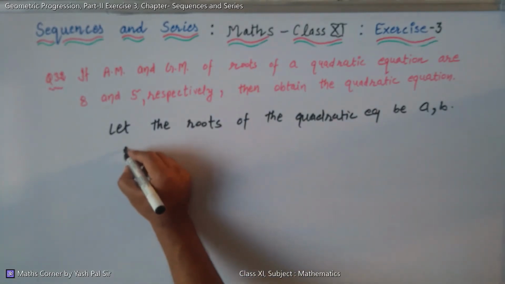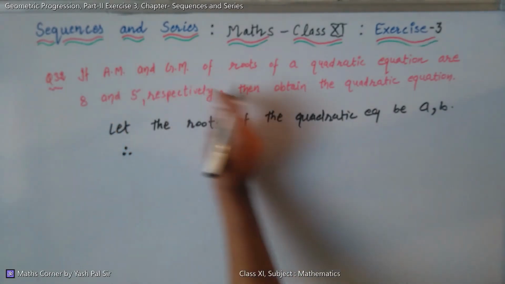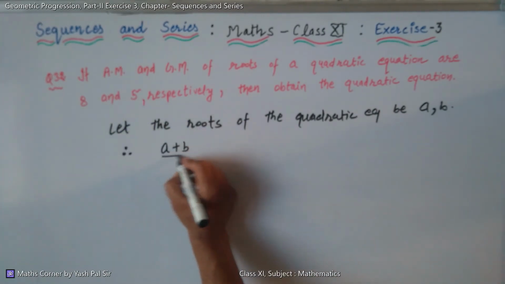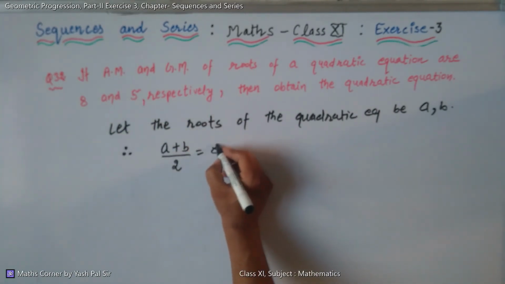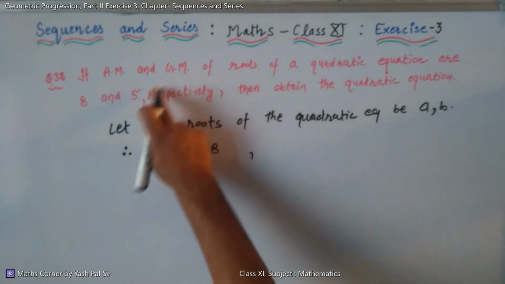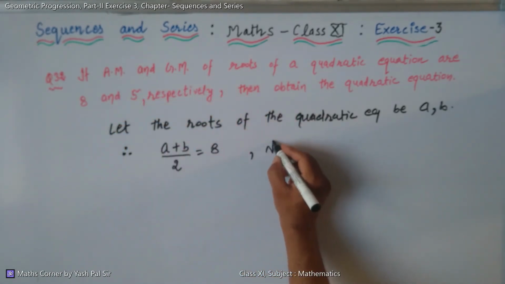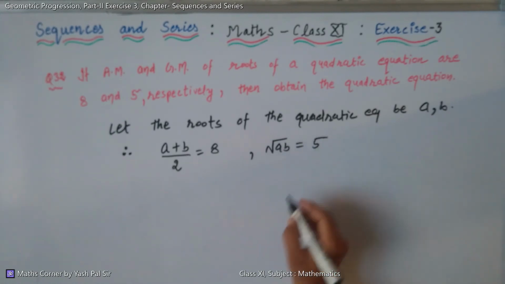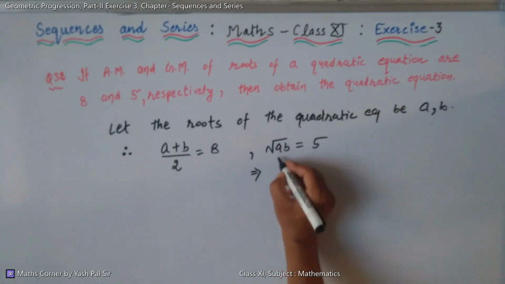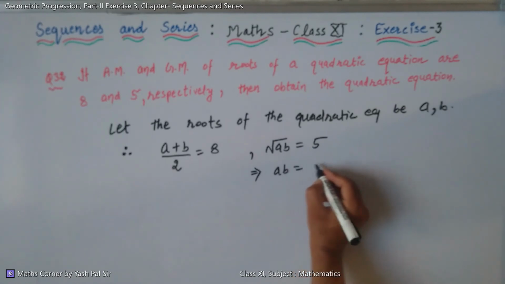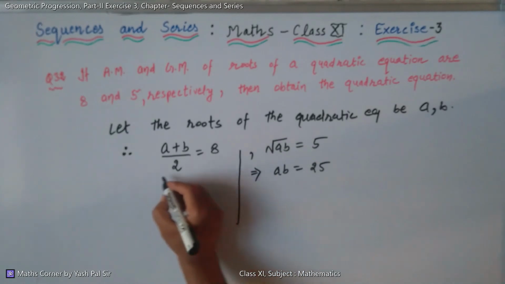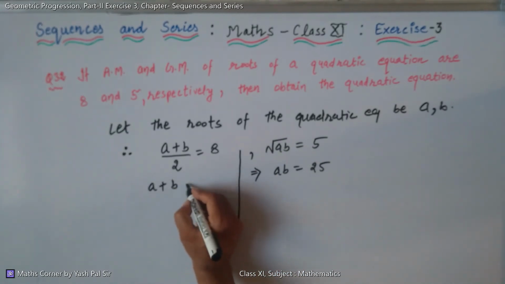Therefore arithmetic mean is 8. A plus b divided by 2 is 8, and geometric mean is 5. Square root of ab is equal to 5. So from here we say ab is equal to 25, and from here we have a plus b is equal to 16.